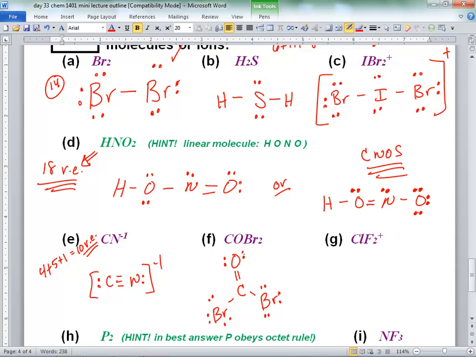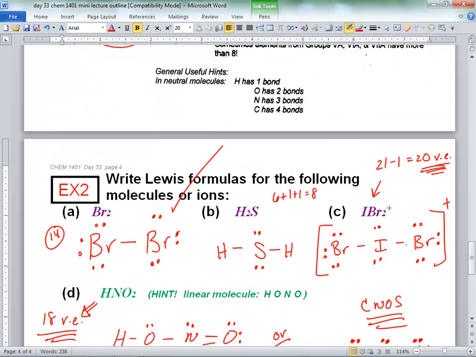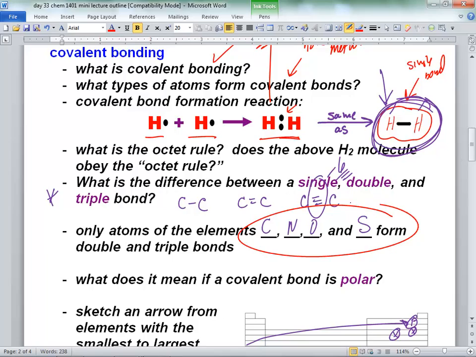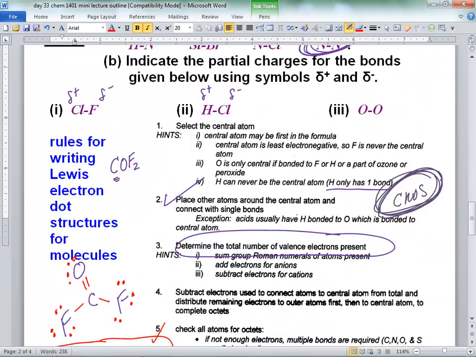And then make sure you don't forget your brackets. But CNOS, that's Cl. What are you talking about? When can you draw double bonds? Oh, when it's CNOS. Ah, gotcha. Stupid joke. Just kidding.